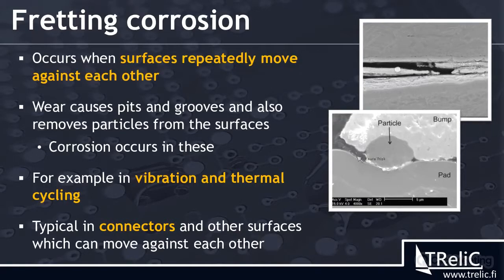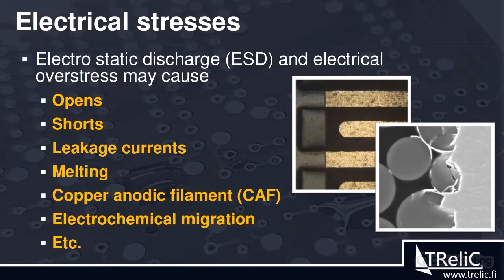For example, here we have a layer of oxidized particles, which caused the resistance of this contact to increase. Here is another example. This is very common in connectors and other similar surfaces which are used for electrical contacts and which can move, for example, due to vibration. So this is a very common failure mode too.